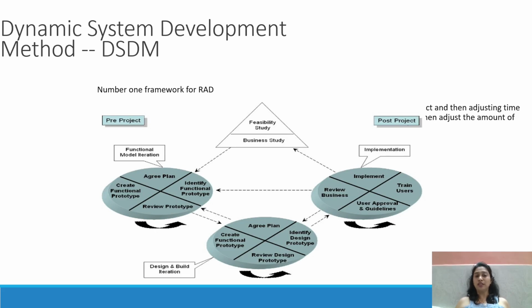Then we have to design, and in the design we again go through these steps: agree, plan, prototypes, and review design. Then we do the implementation plan. Implementation is the same: review business, train users, implement, approval guidance, and so on. This all forms a pyramid, like the feasibility study and business study. Then in the post-project, we do the adjustment. This is all about the Dynamic System Development Method.